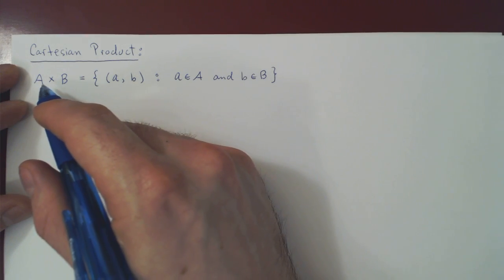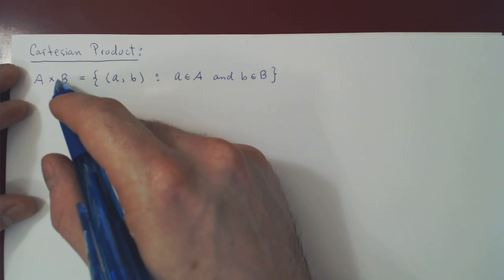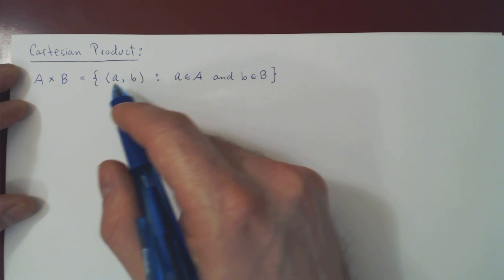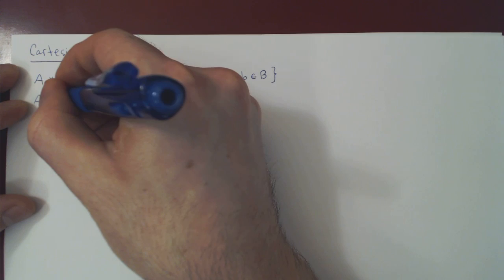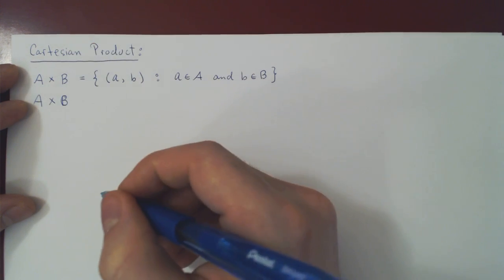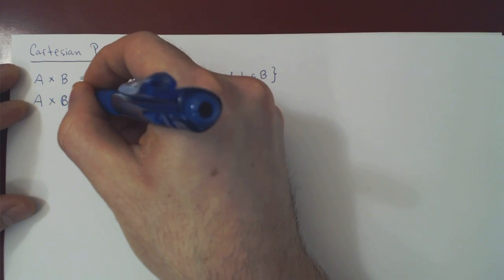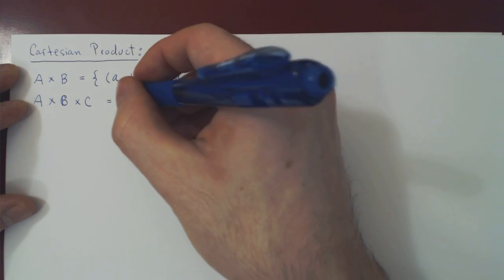That will be a sequence of two selections. Choose something from one set and then choose something else from a different set and keep track of the order of the selection. You could of course repeat this over three sets. You could do A times B times C. Now instead of a tuple, you would have a triple.